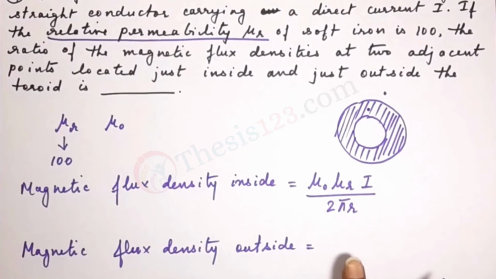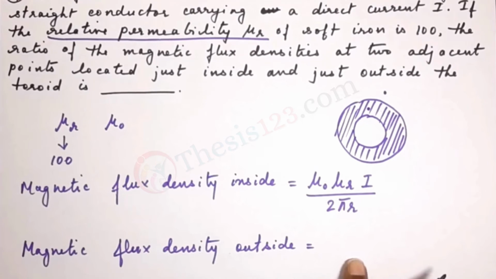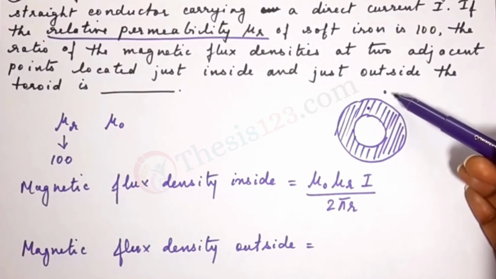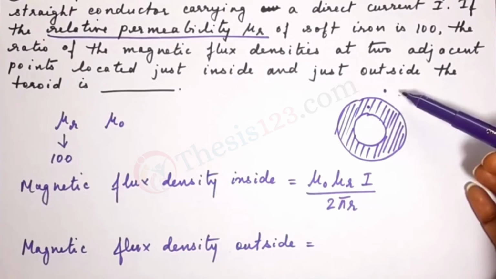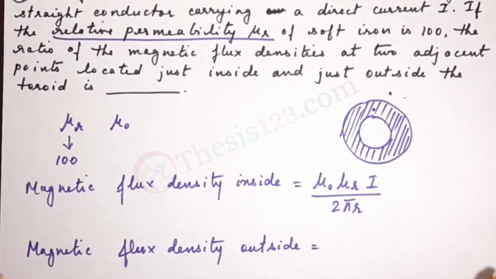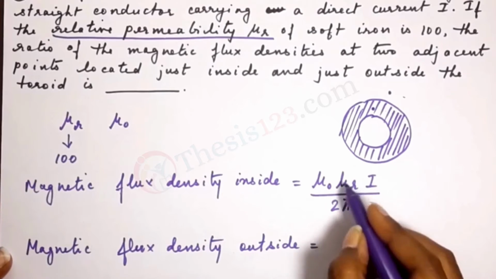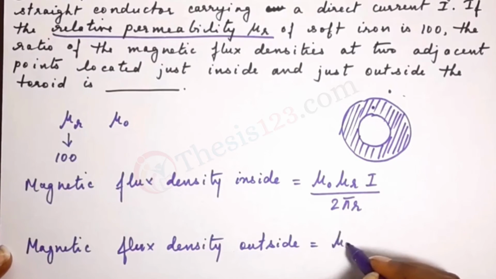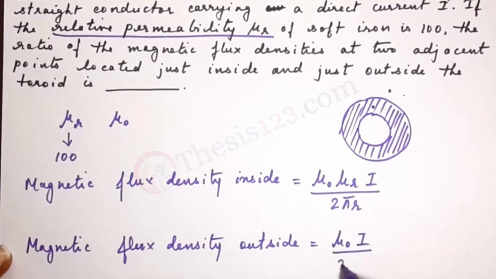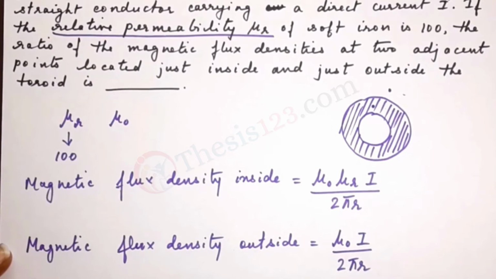So this is inside, whereas outside the toroid, mu r will not apply here because it is not inside, right? It is outside. So there is no soft iron over here. It's just free air. So here we wouldn't involve mu r in the second formula. It would be mu naught I by 2 pi r.